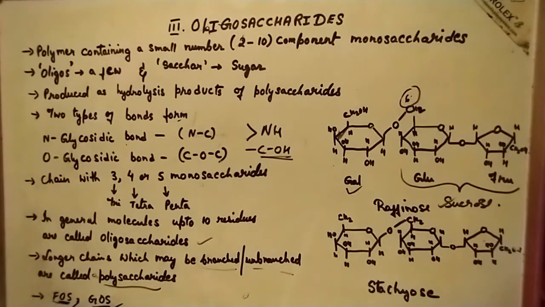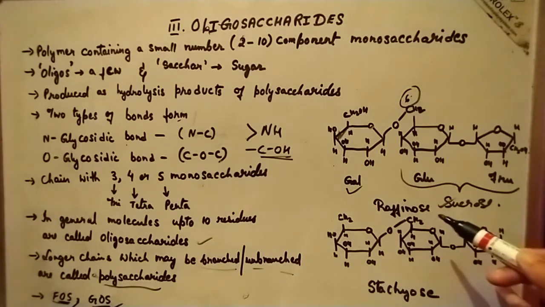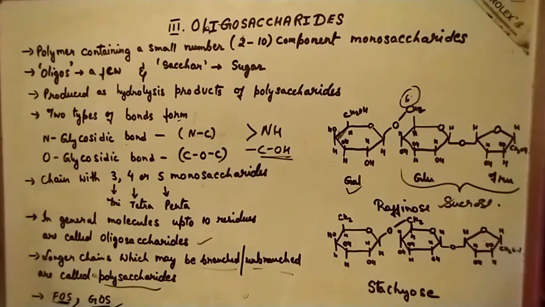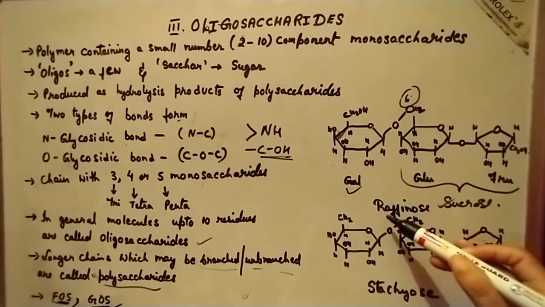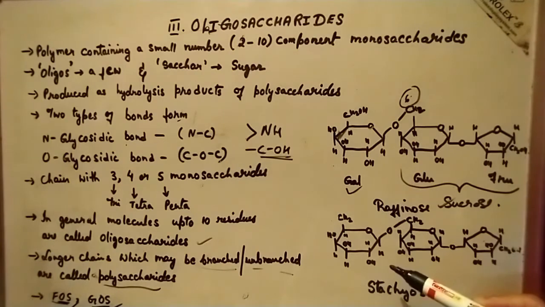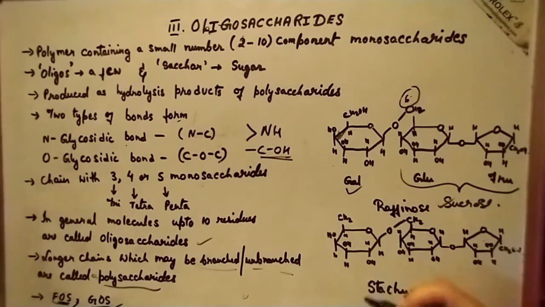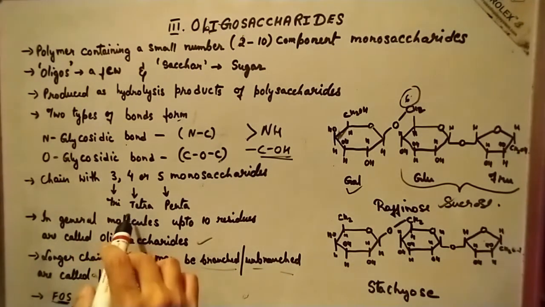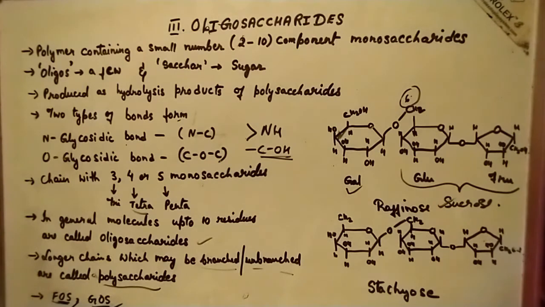This sugar raffinose cannot be digested by human beings. The bacteria present in the large intestine ferment it, producing gas. Besides raffinose, which is a trisaccharide, oligosaccharides with 4 monosaccharide residues are called tetrasaccharides, and the most common example is stachyose.